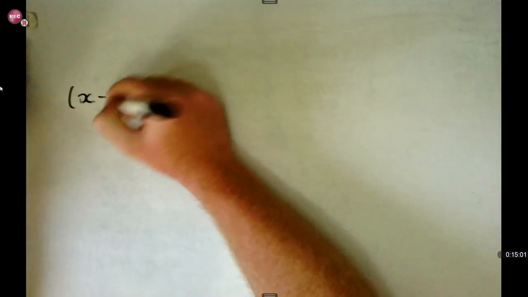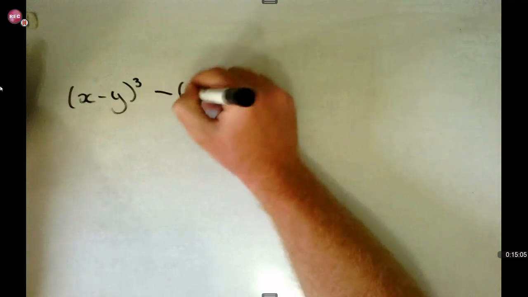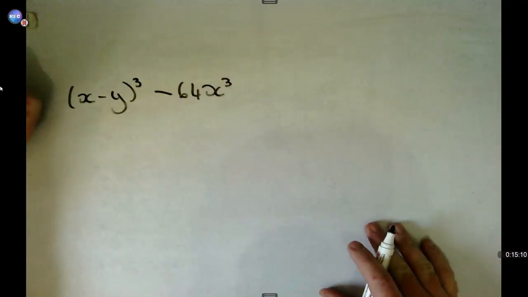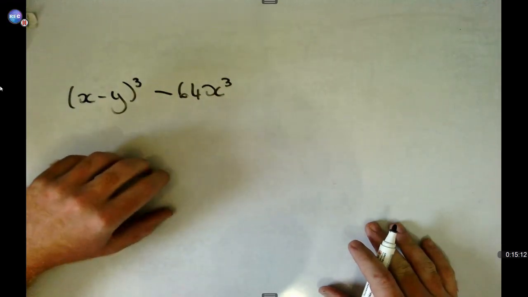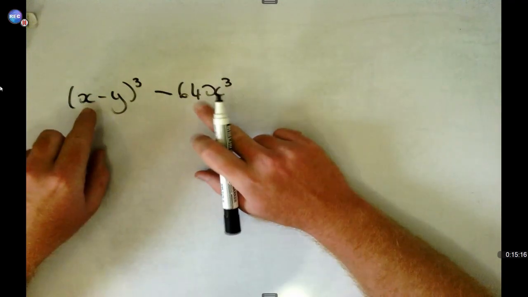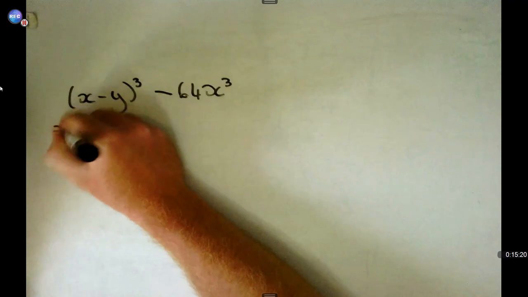So this one would be (x minus y) cubed, there we go, minus 64x cubed. So your first bracket will consist of a whole bracket plus the additionals that are over here. So here's our first bracket.